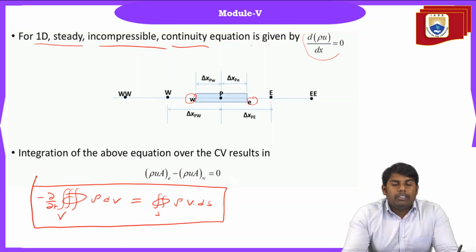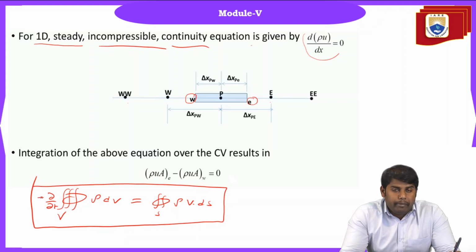In the LHS term, we have a minus, which is nothing but a decrement, the rate of decrement of the flow inside the control volume. Here, rate is nothing but del by del t, so the minus symbol indicates the decrement.